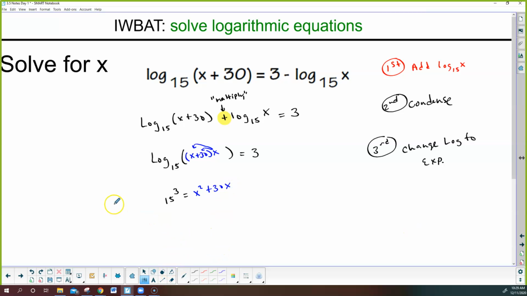Where did 15 to the third come from? We changed it from log form to exponential. So the 15 stays the base, and then to switch from log to exponential, we take 15 to the power of the answer. So that's where this 3 was the answer, and 15 remains the base.